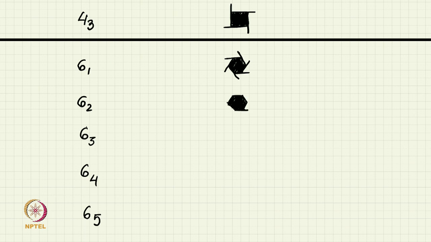Six two screw, you extend the alternate sides. So only 3 sides. In 6 3, only 2 sides, the 2 opposite sides. 6 4, again 3 sides, but in an opposite sense to 6 2.